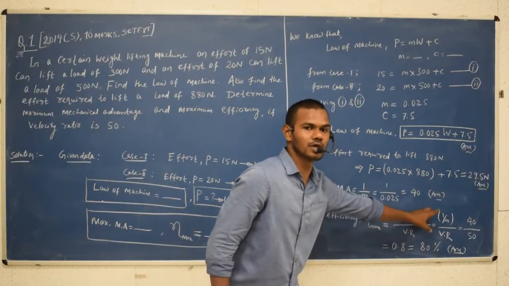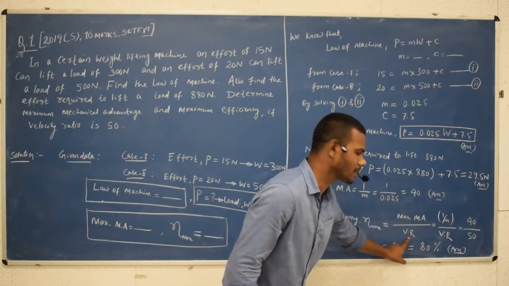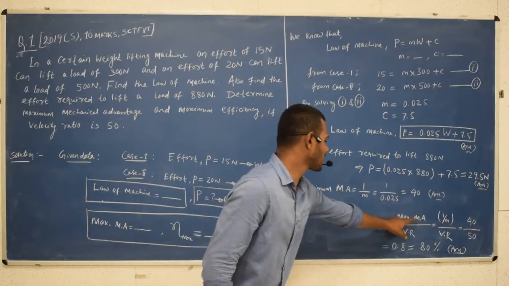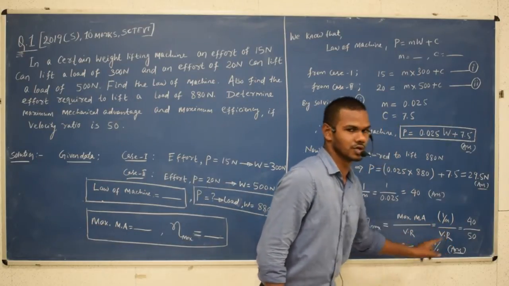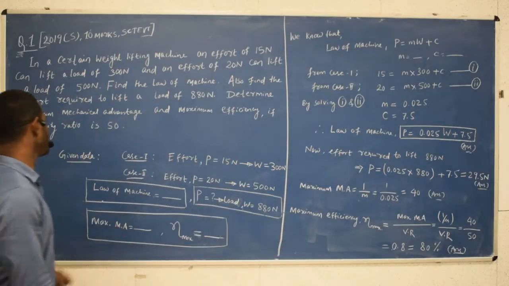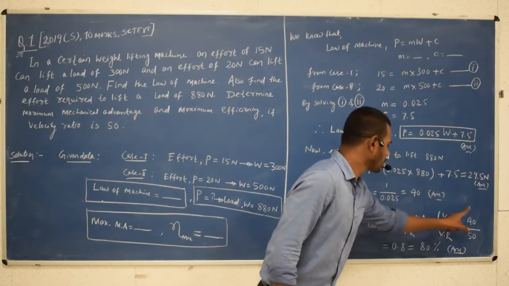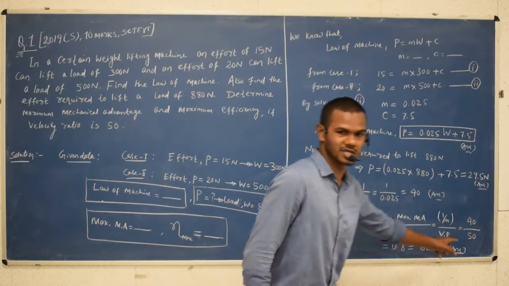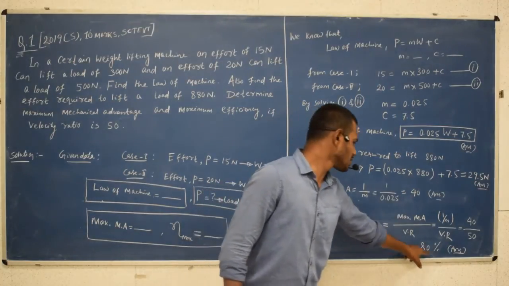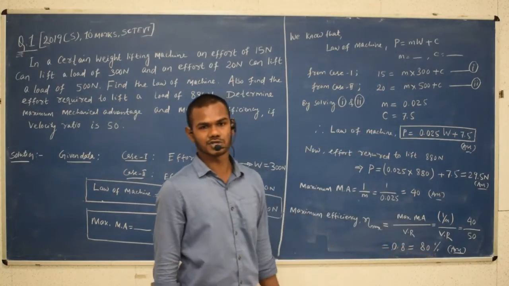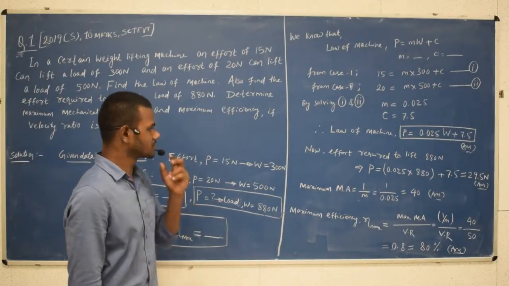So maximum efficiency is 1 by m divided by velocity ratio. The velocity ratio was given as 50, and 1 by m is 40. So 40 divided by 50 comes to 0.8. In percentage, it is 80%. That is the last answer of the question.